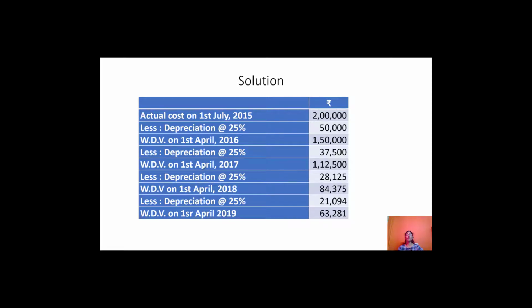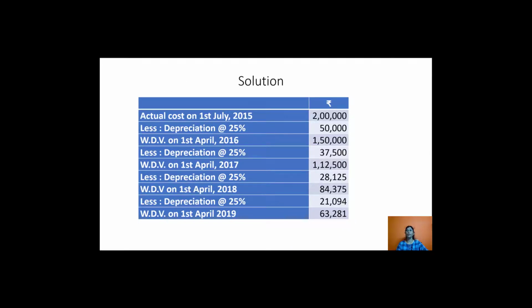Depreciation for the year 1st April 2017 to 31st March 2018 at the rate of 25%. So the written down value on 1st April comes to 84,375. Again deduct for the year 2018-19, and the written down value on the 1st April 2019 is 63,281.